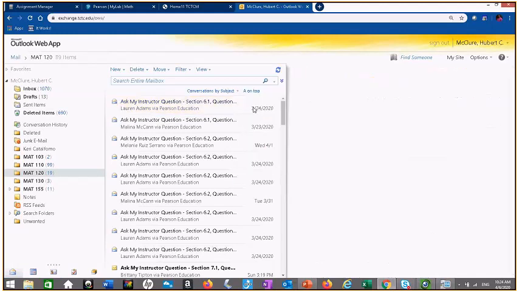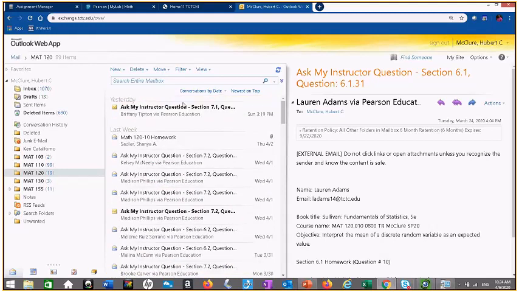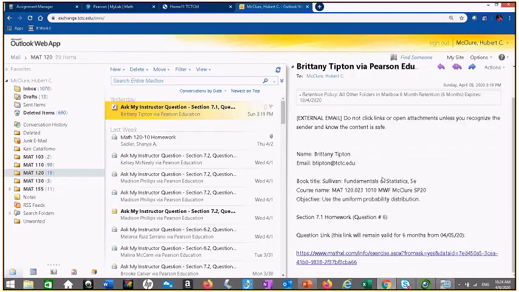Date. Nope. Oh, there's one right there. I'm glad I did it by the date. There's another one. I don't know if I did that one. Or is that the one I just did? 7.115/6. Let's see, that's the one I just did.